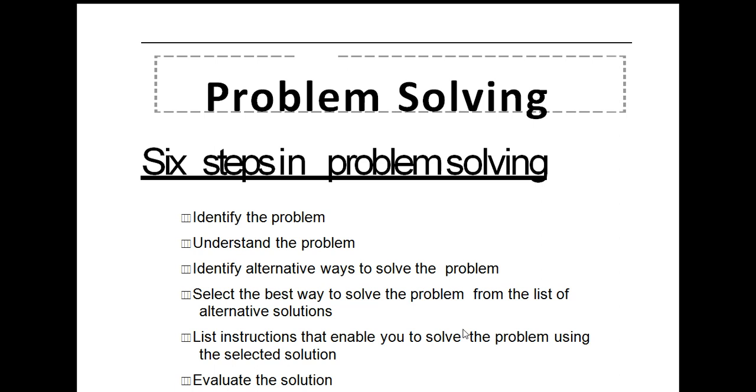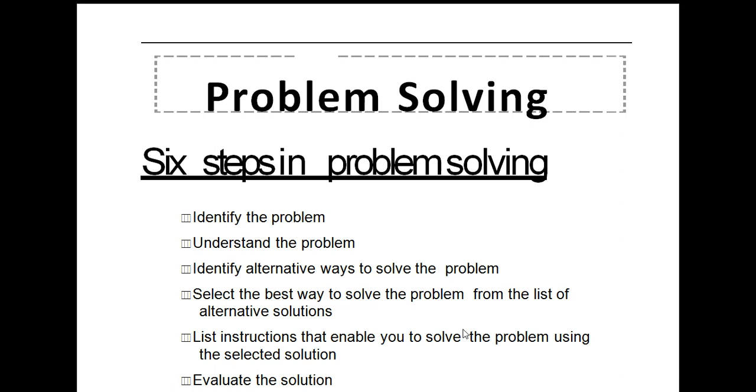So in this stage, you will thoroughly understand what the problem is, what the requirements for solving this problem are, and all these things. Who are the stakeholders for this problem solution? All these things we will identify. Then after that we have to identify alternative ways to solve the problem.